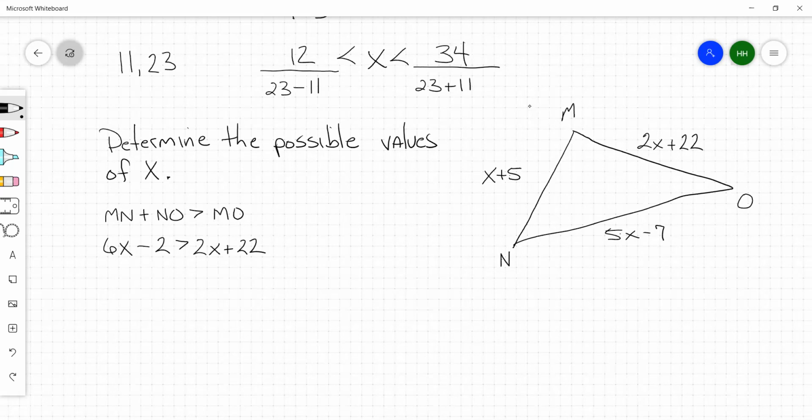Okay? And then you got to take NO plus MO, and it's got to be greater than MN. So NO plus MO, what's your 5x plus your 2x? Negative 7 plus 22. And that sum has to be greater than x plus 5.